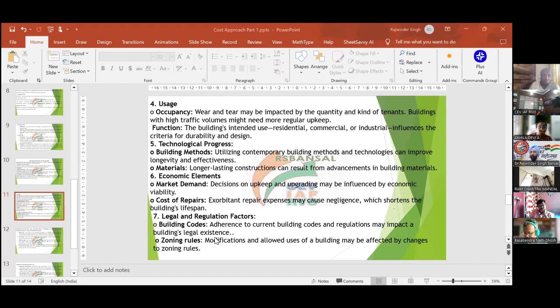And then technological progress. With technological progress, you can use certain methods to improve the longevity and effectiveness of the buildings. Nowadays many materials are available which can be used as long lasting construction materials.